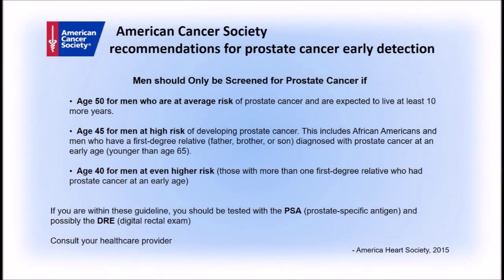Definitely go get screened for cancer of the prostate. I know the procedure is not something that most people like to talk about, but it's definitely something that we all need to do. The doctor could also do a test in your blood, which is called the PSA. It stands for prostate specific antigen, which looks for cancer in your blood.